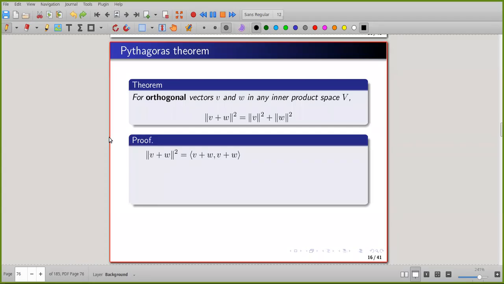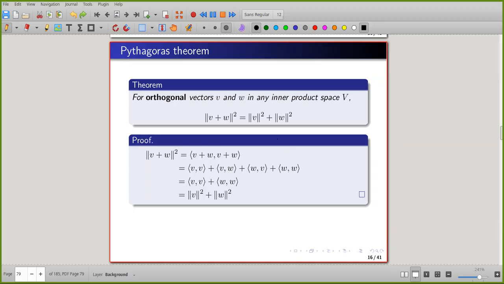Norm square of v plus w is, by definition, the inner product of v plus w with itself, and using bilinearity, we can expand this. Because v and w are orthogonal, these two cross terms are 0, and therefore we are left with this. So this ends the proof.